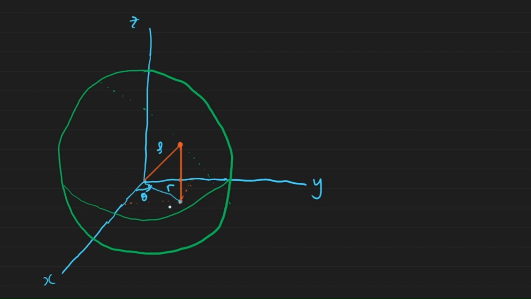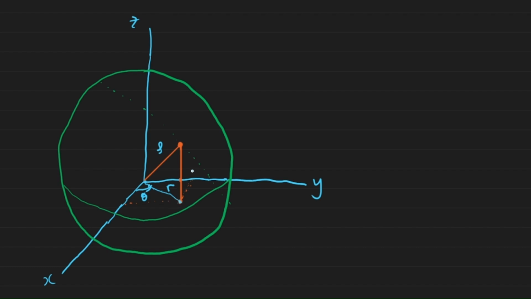So there is a difference here now between r and rho. Rho is the distance from the origin to our point on the sphere, whereas r is the distance from the origin to the projection of the point on the xy plane. That's very important to note.